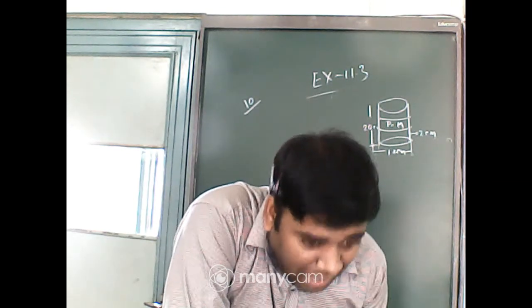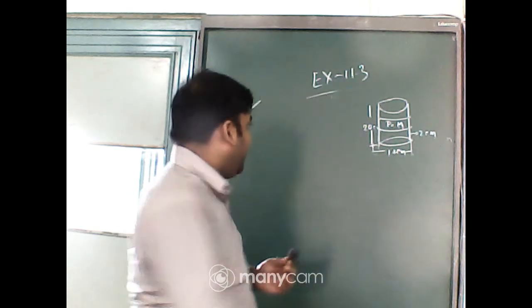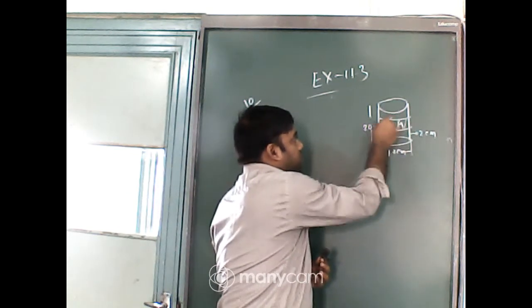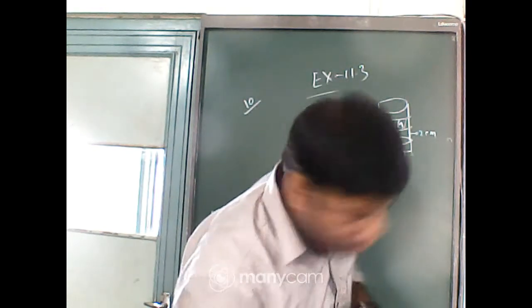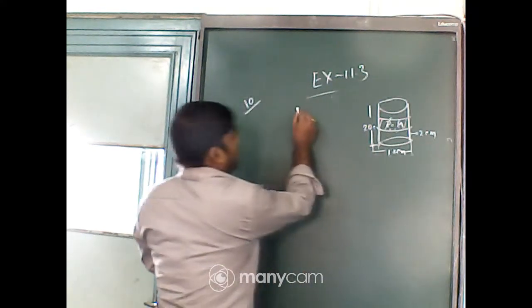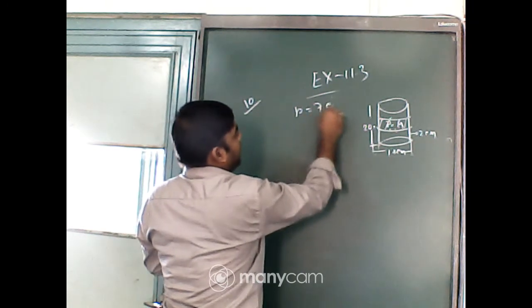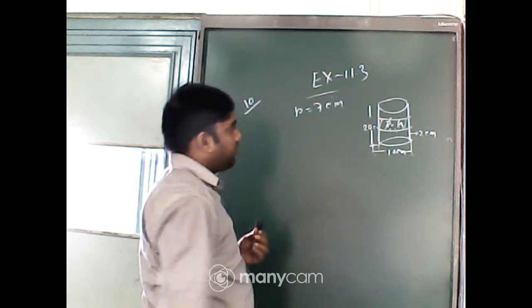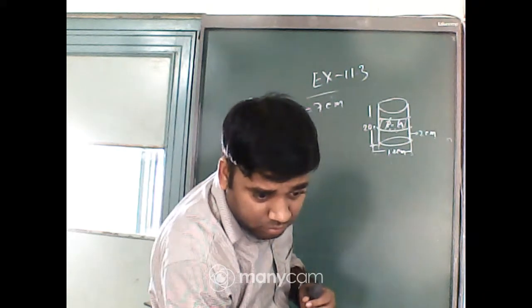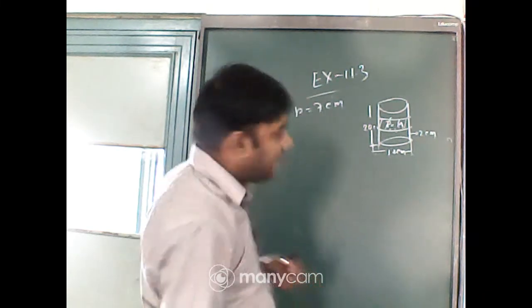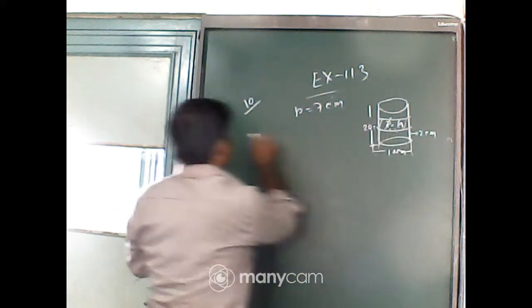what is the area of the label? That portion you need to find. Tell me what I need to do. First of all, what is given, so r equal to 7 centimeter, it is clear, and what is the height of the cylindrical label? That label is also cylindrical.